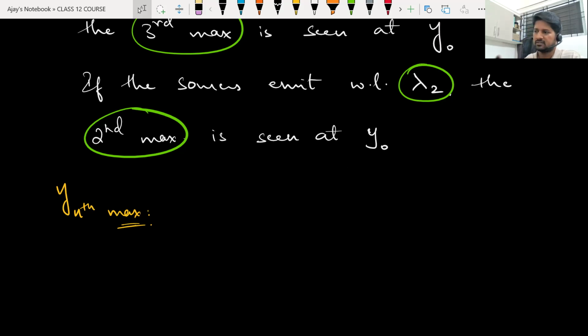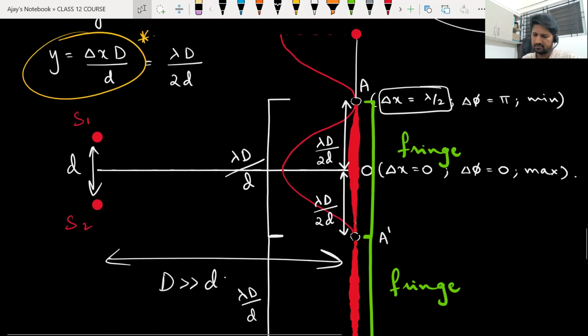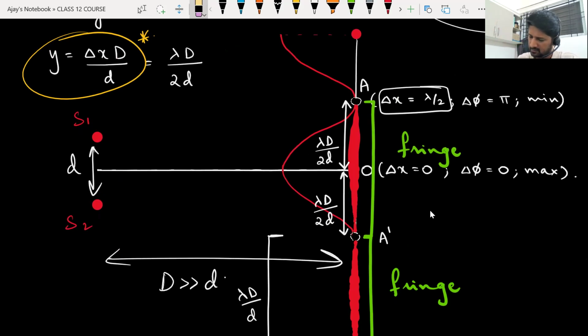Wait, wait. First, theta is the angular position, not the linear position. This question is talking about linear distance y. I showed you in this diagram, no? Understand this carefully. Let's spend some time with this, not an issue.